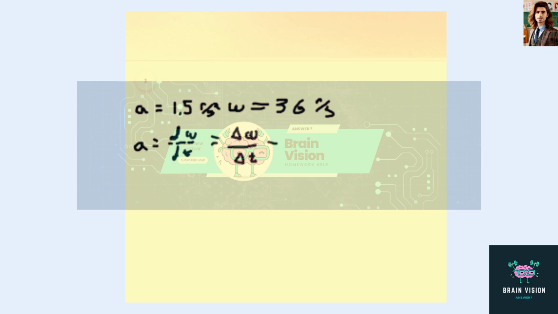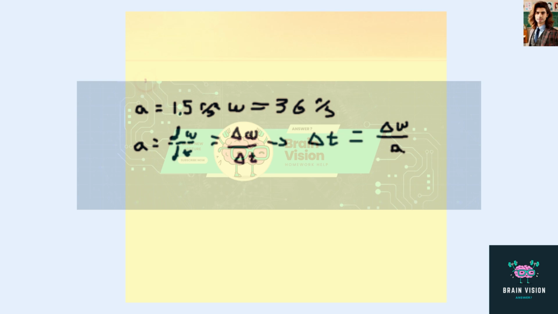So if we manipulate this equation and solve for time, the amount of time will be equal to the change in angular velocity divided by our acceleration.